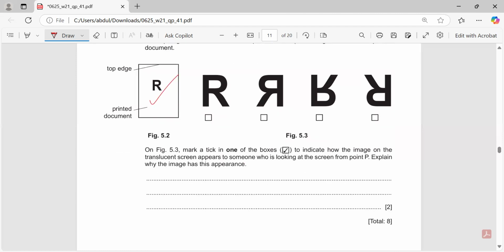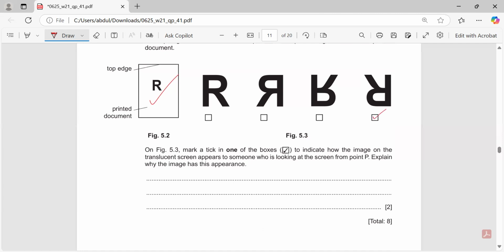On figure 5.1, mark a tick in one of the boxes to indicate how the image on the translucent screen, which is semi-transparent, appears to someone looking at the screen from point P. Explain why the image has this appearance.